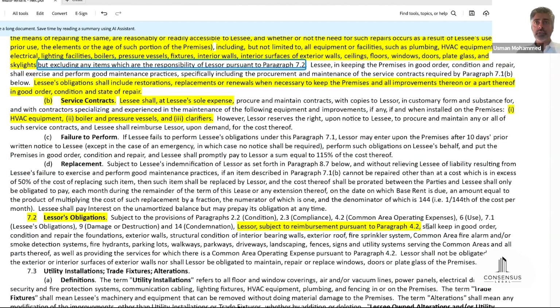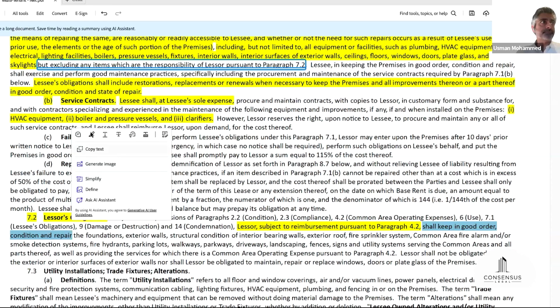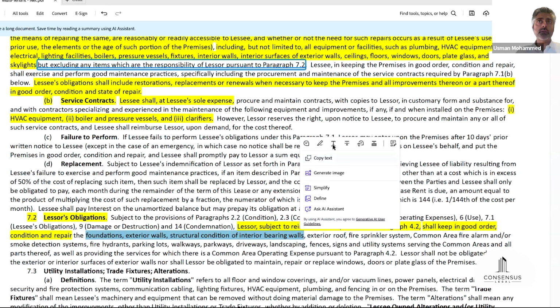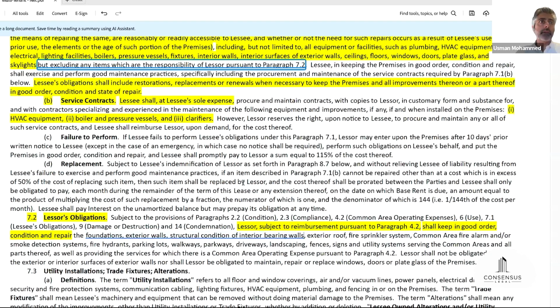So lessor, subject to reimbursement pursuant to paragraph 4.2, shall keep in good order, condition, and repair. And here's the first deviation, where lessor is responsible potentially for aspects within the premises.